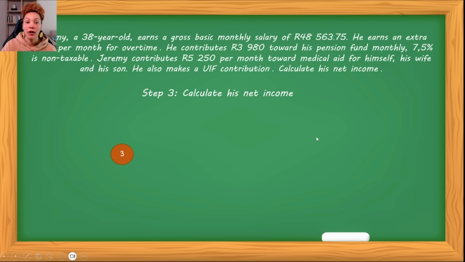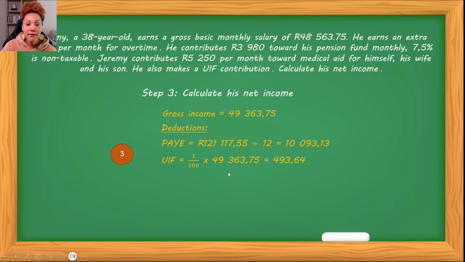So now we know, okay, this is his gross income, right? This was his basic salary plus his overtime. Then the deductions: we have his tax, which we calculated in the previous section, divided by 12, because we're working with monthly now. This is his monthly gross income. And then I end up with 10,093.13.